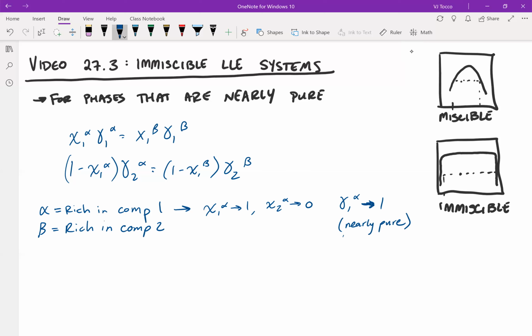On the flip side, gamma 1 beta is going to be equal to the infinite dilution activity coefficient, which we denote gamma 1 infinity.